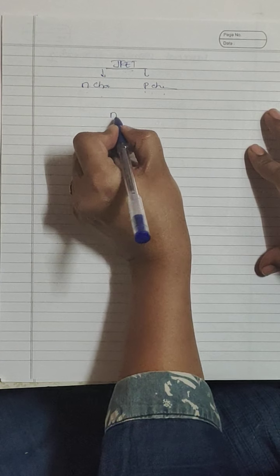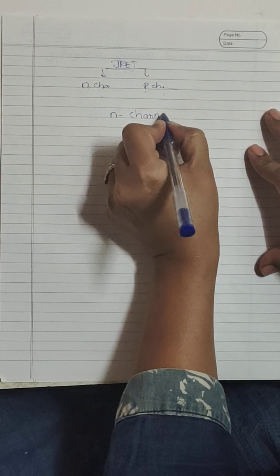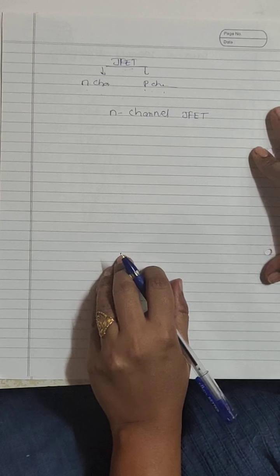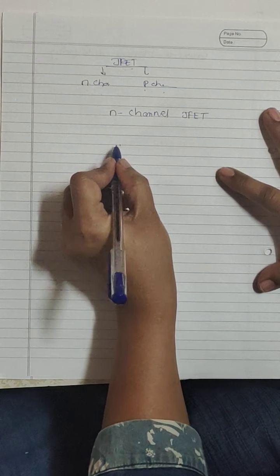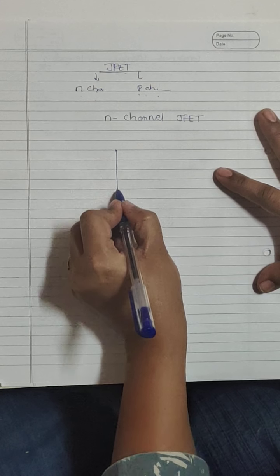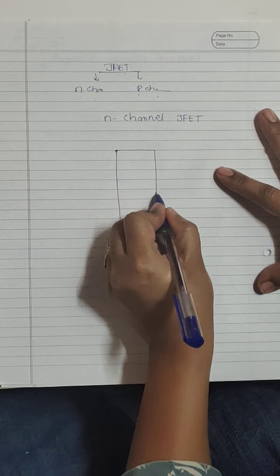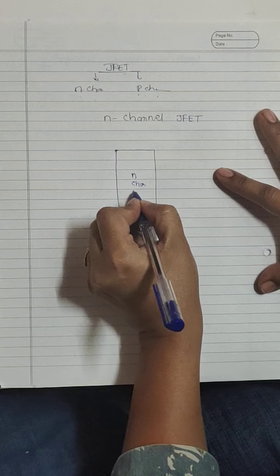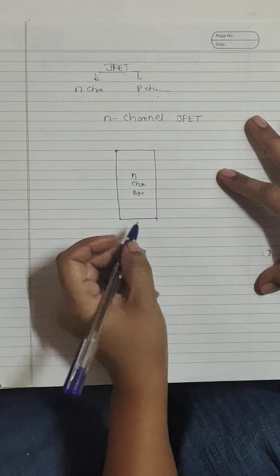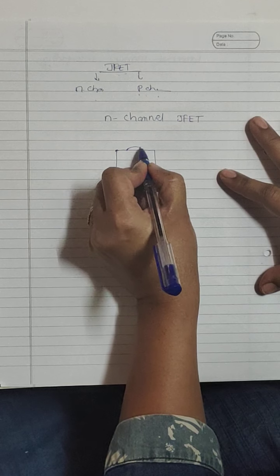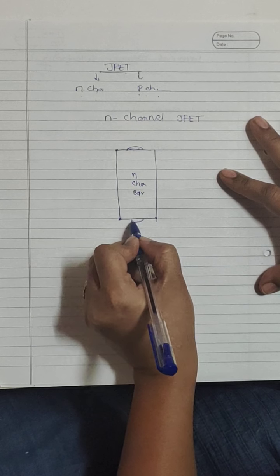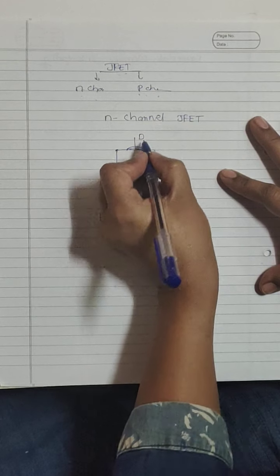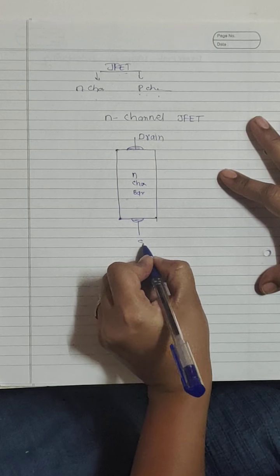First we will discuss the construction of the N-channel JFET. In the construction, basically one N-type semiconductor bar is taken. This is the N-channel bar. In this bar, two ohmic contacts are made and two terminals are taken out and named drain and source.